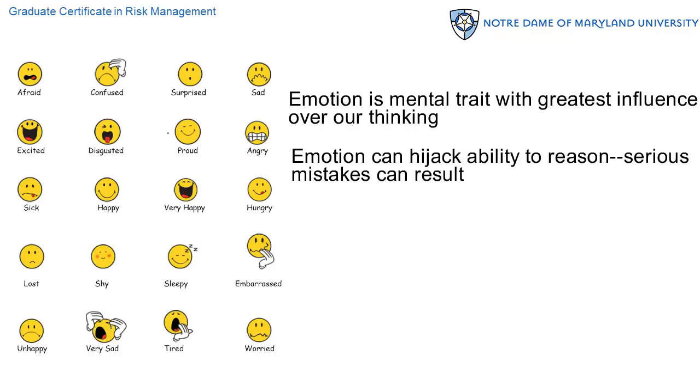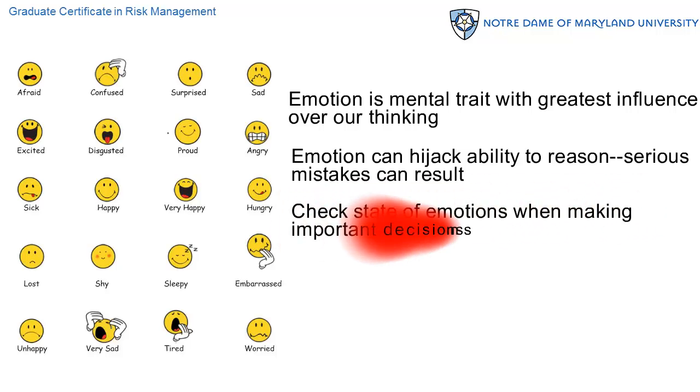That is when serious mistakes result. The same thing can happen in our professional lives. We might not get under each other's skin as much as our family does, or maybe even more so in some cases. But you have to check your state of emotions when making important decisions for your organizations.